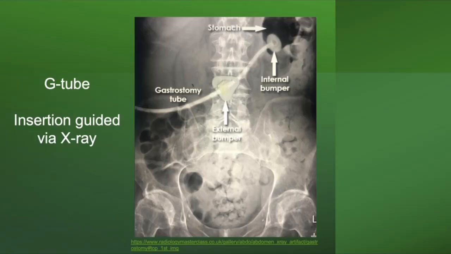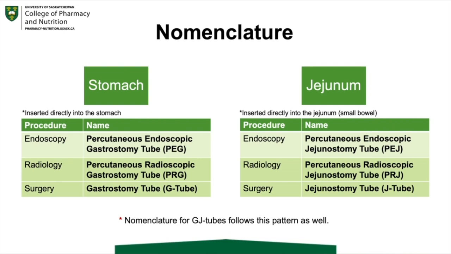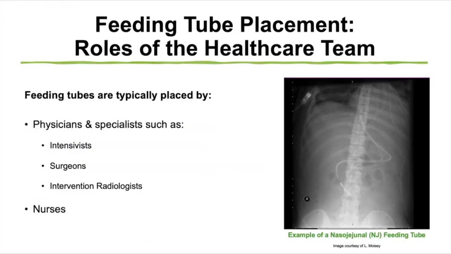Here's an X-ray view of how a G-tube looks when it's placed. Here are the names of each procedure. Nomenclature for GJ tubes also follow this naming pattern, depending on the method of placement.